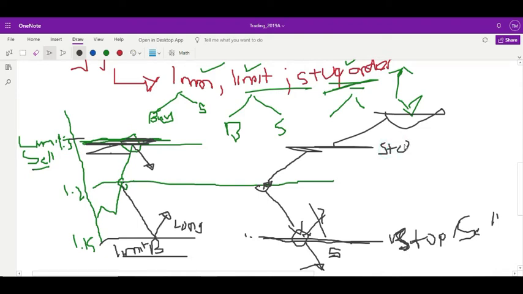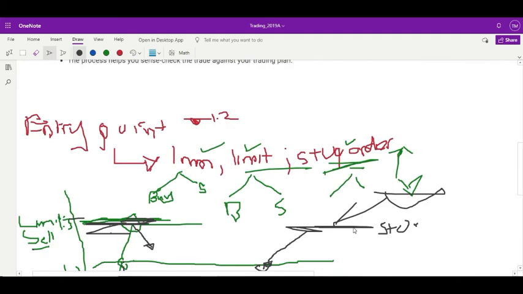Please do understand this, a stop buy. If it is at a higher price than the market and you think it will continuously go up, you place what we call a stop buy. A stop buy is placed higher. So a stop sell at a lower price, you're anticipating that if it triggers this, it will go down.